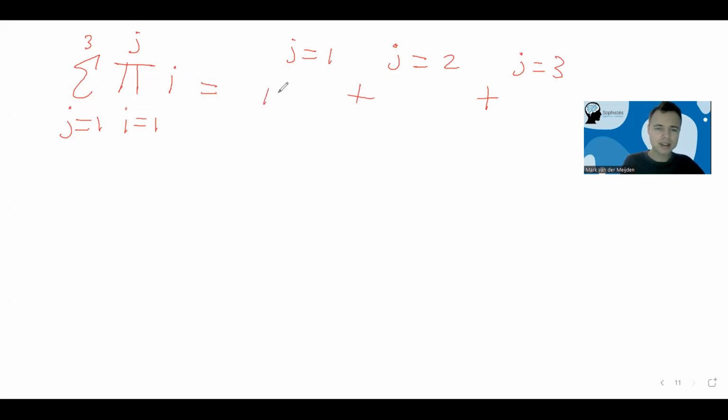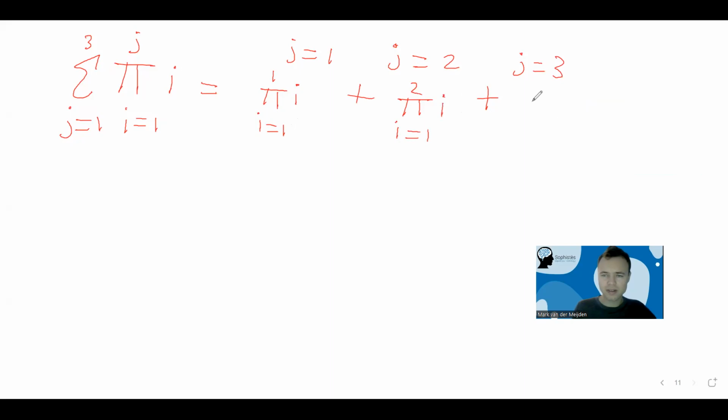So the product from I is 1 all the way up to 1. And then here I is 1 all the way up to 2. And here I is 1 all the way up to 3. Okay.